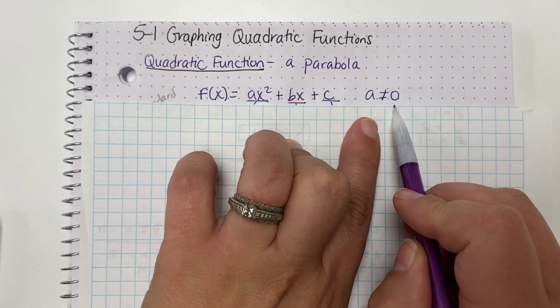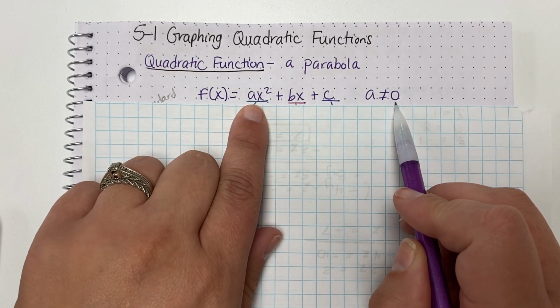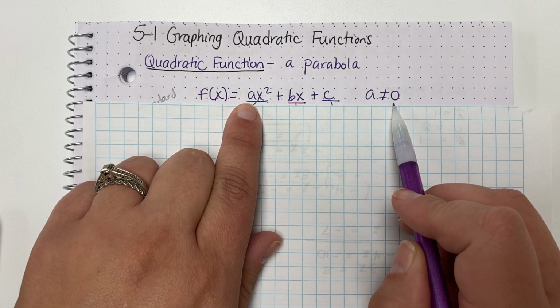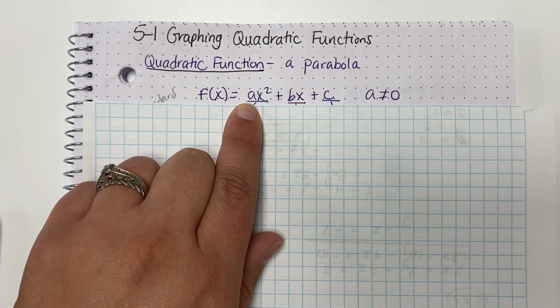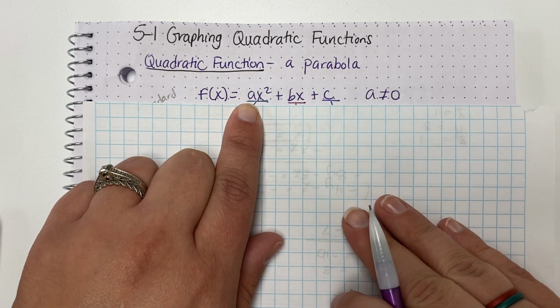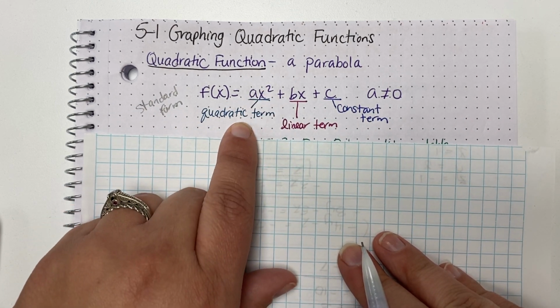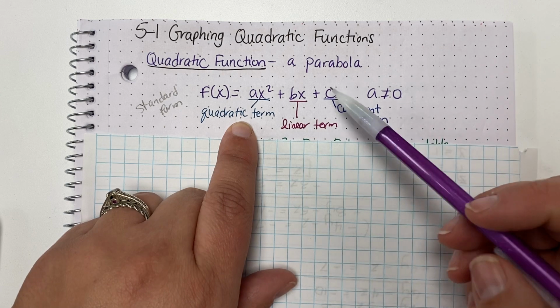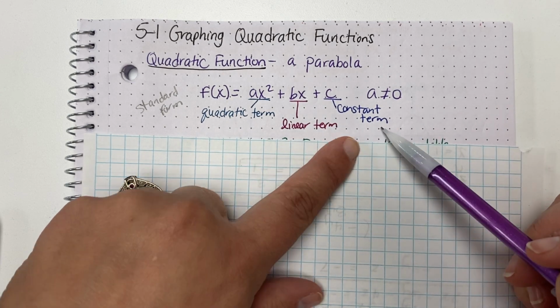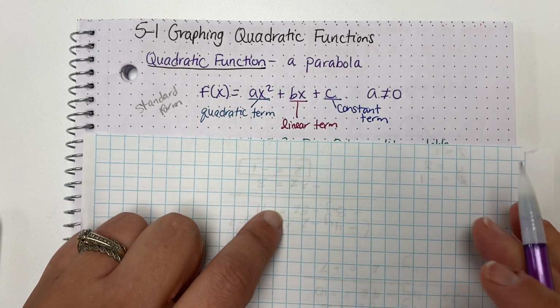The important part to note is that a cannot be equal to 0. This a has to be a number that is not 0, or else it is not quadratic. This squared term is called your quadratic term. The x term is your linear term, and your c term is your constant.